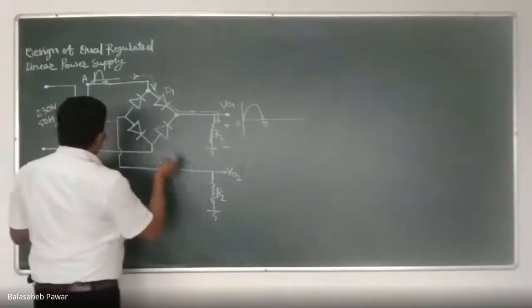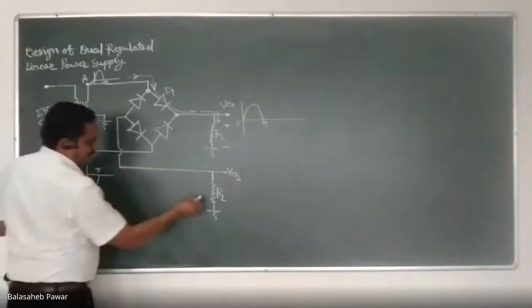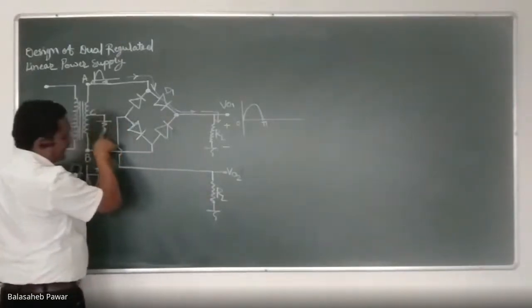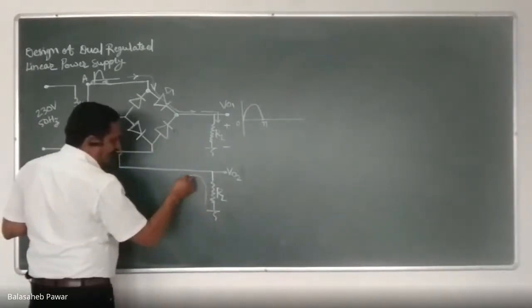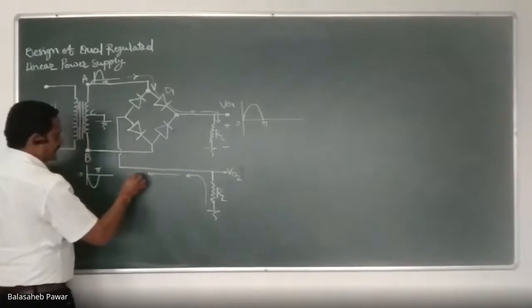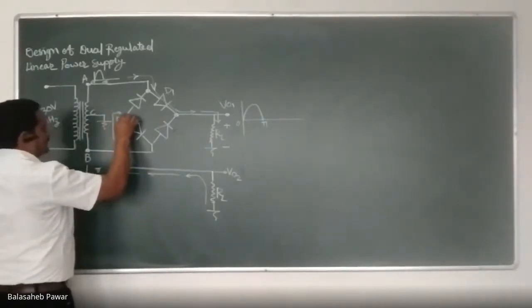So see, as the center tap is positive with respect to B, and the center tap is grounded, current will flow from this ground through this RL like this. Again, it will reach this node.